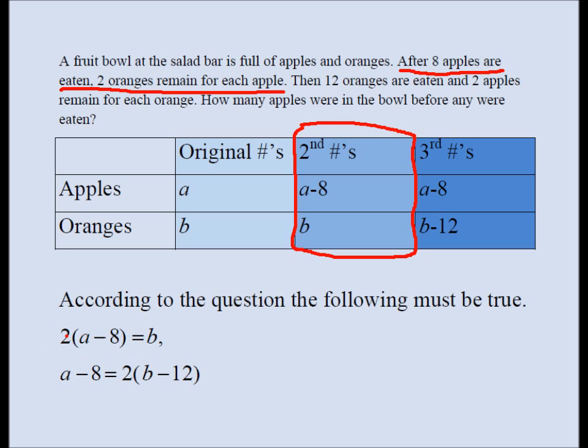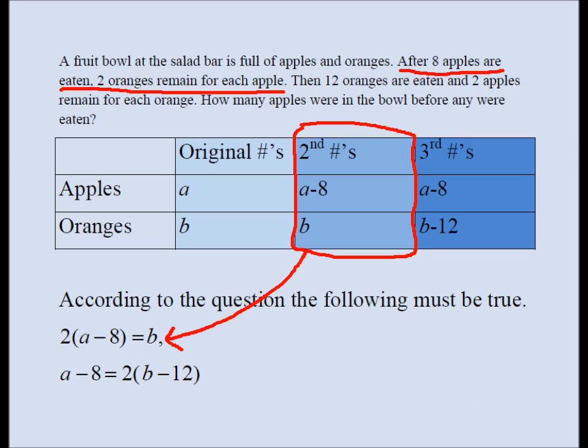So I write 2 times the number of apples is equal to the number of oranges. 2 times the number of apples, which is A minus 8, is equal to the number of oranges, which is B. So this follows from the underlined statement and this red box. This equation follows from there.